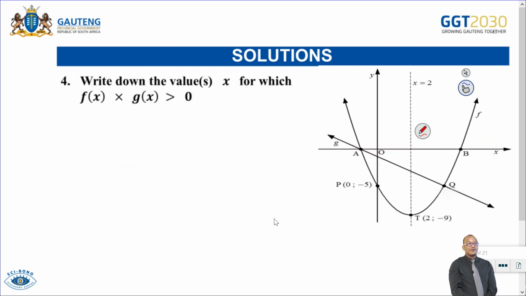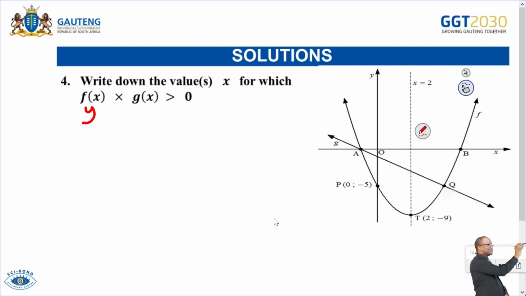Now, number 4, we write down the values of x for which f of x multiplied by g of x is greater than 0. So guys, remember f of x is y.